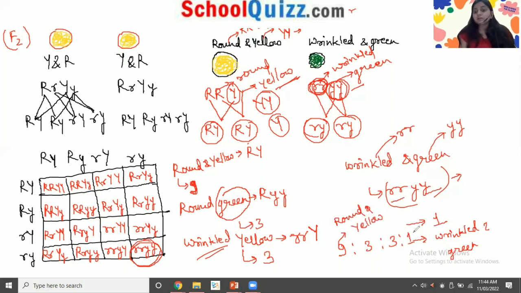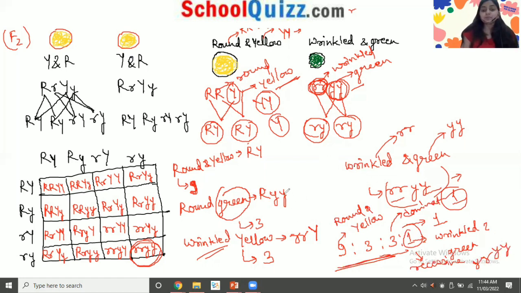So all the higher ratios will be for the dominating genes, and the lowest, which is the 1 ratio, will be for the recessive gene. Why? Because the dominating gene works even if there is only one, and for the recessive there should be double, like small r, small r and small y, small y.